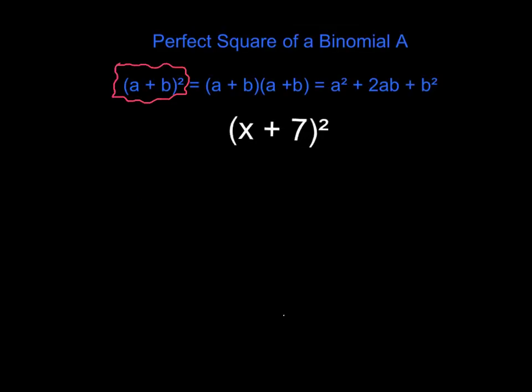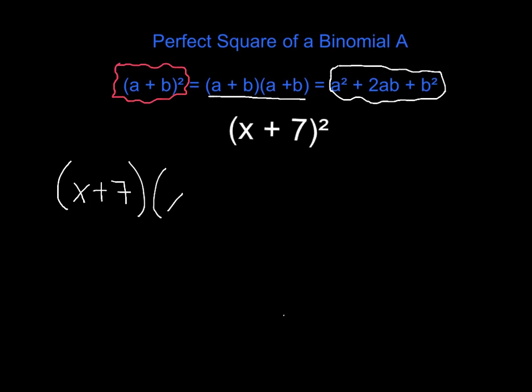Alright, here is our first example, the binomial x plus 7 squared. We're going to do this 2 different ways. One where we write it out like this and then use FOIL, and then one where you can see how you can get the answer just knowing this pattern and not having to do FOIL. So think about x plus 7 squared. What that means is x plus 7 times itself, x plus 7.